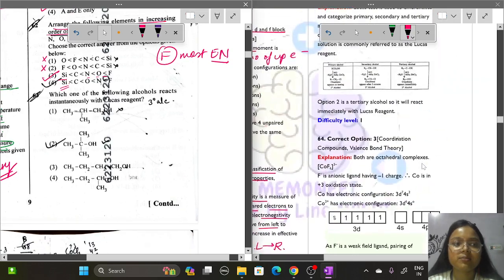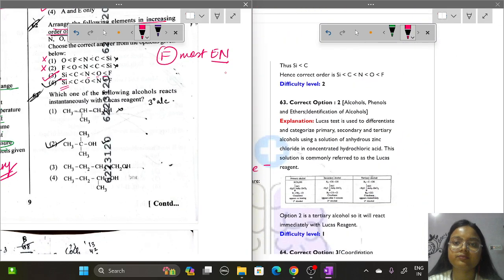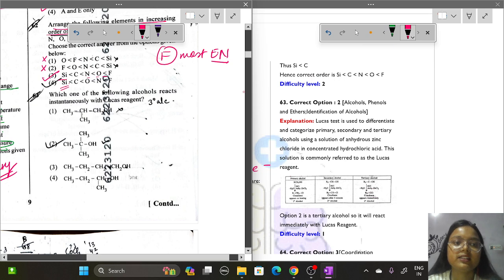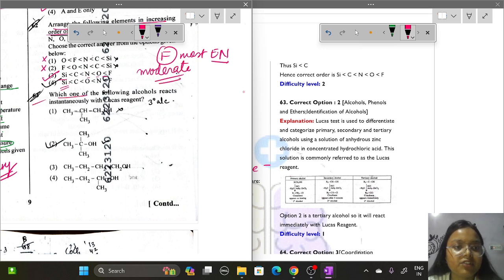Next is question number 63. It is a moderate type question. Which one of the following alcohols reacts instantaneously with Lucas reagent? We know that with Lucas reagent, 3-degree alcohols react immediately.